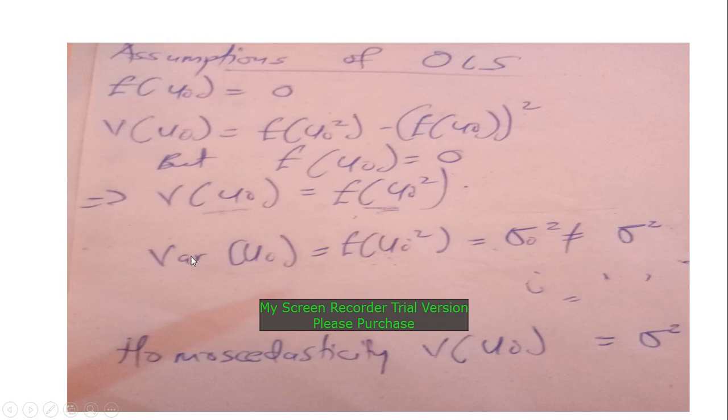So this is what the slide is trying to show here, that whenever we have the variance of the error term not constant, that's the variance of ui being equal to sigma i squared.